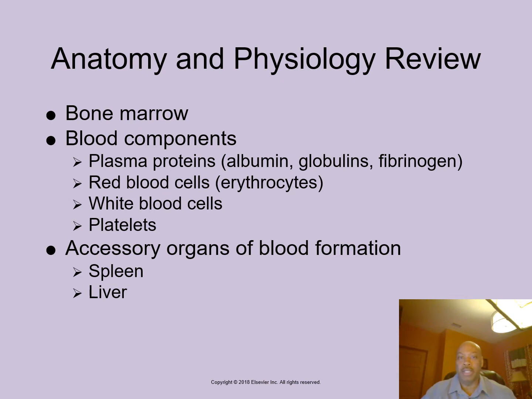As you know, when plasma begins to leak into our tissues, we get what we call edema or swelling. But this albumin, which is a protein, forms a pressure that keeps blood within the vascular system, or the first space, as we call it.